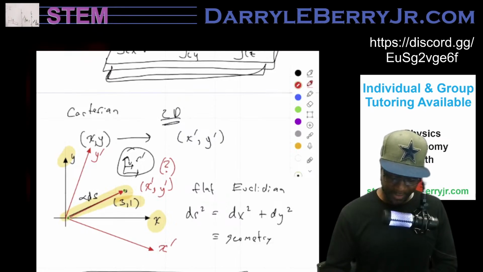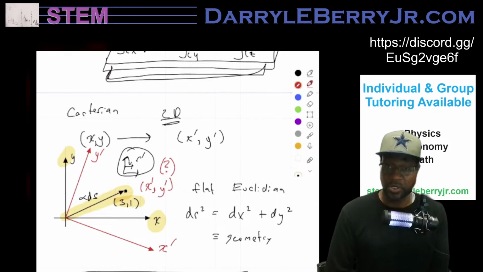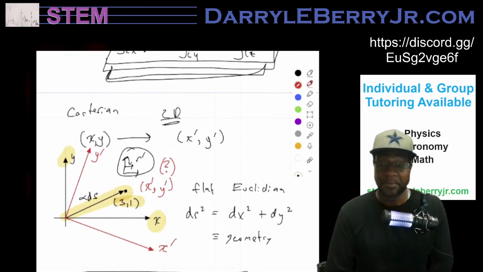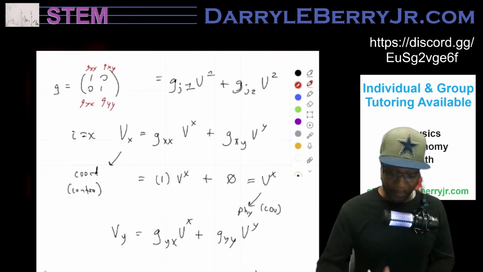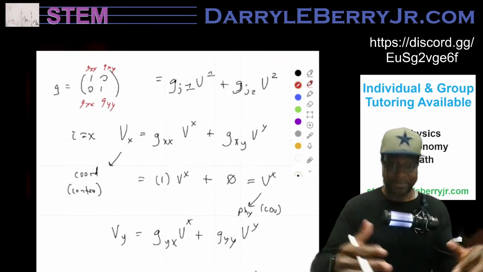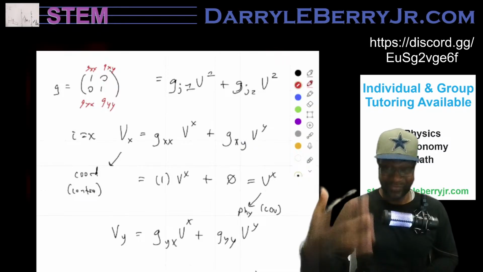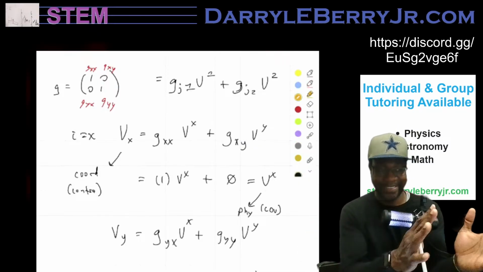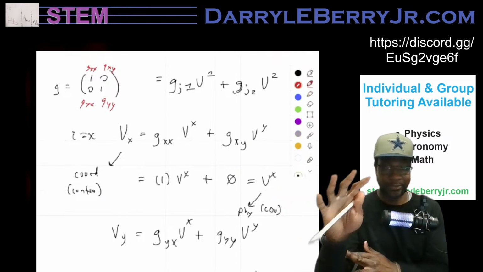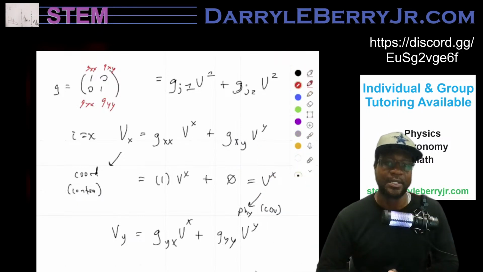So all of this complicated stuff that we're doing is so that we can get that vector in terms of x prime, y prime, but it has to be invariant because that physical object is not going to change. But as we progress, eventually, the x prime, y prime is going to be looking at that object moving near the speed of light, curving around a black hole or something.